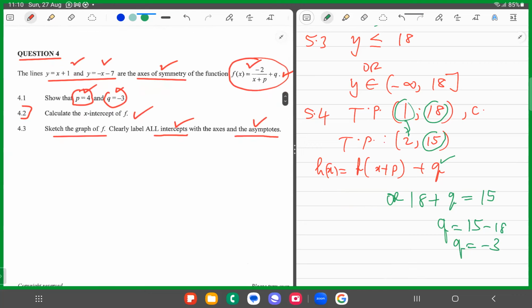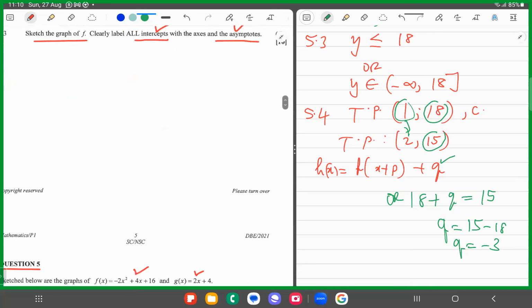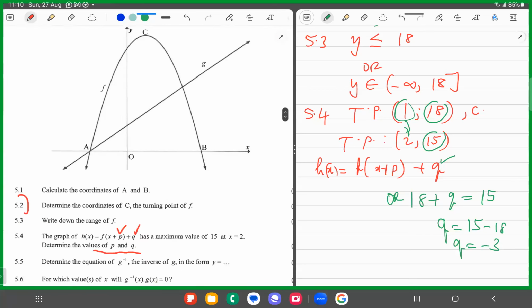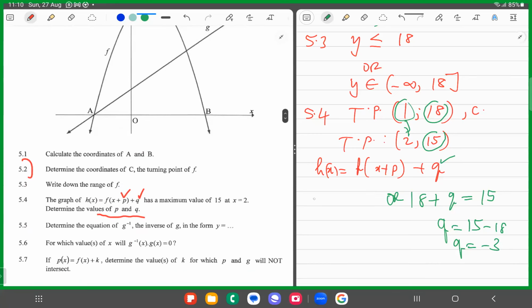So we shall continue exactly with what we did. At this point, you have x, and x was 1.